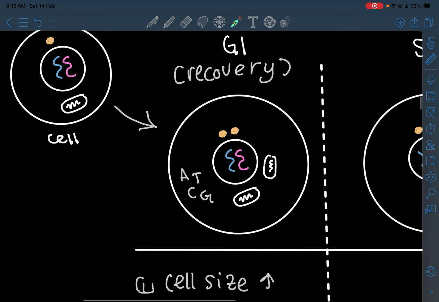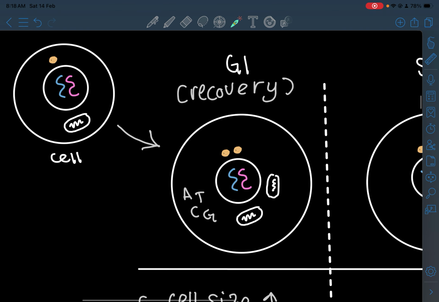Thus, during this G1, the one centrosome is duplicated as well into two centrosomes. So, from one centrosome containing one centriole to two centrosomes containing two centrioles.